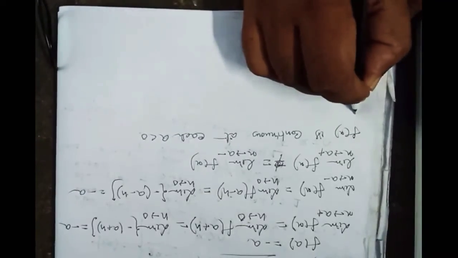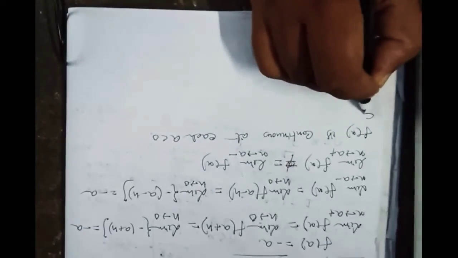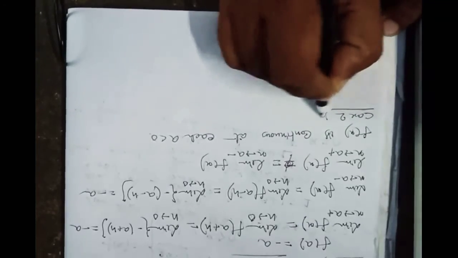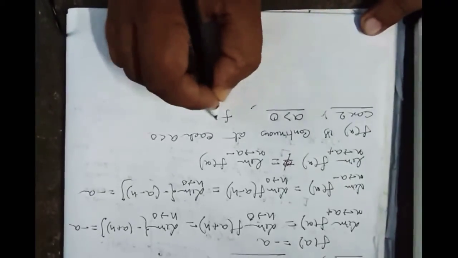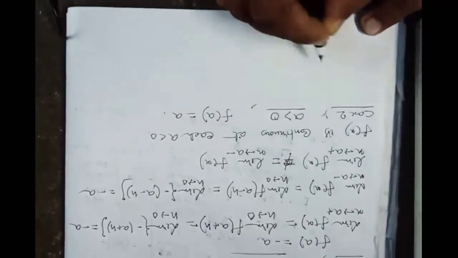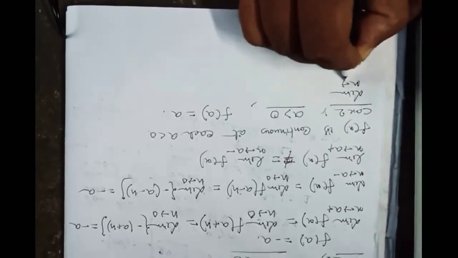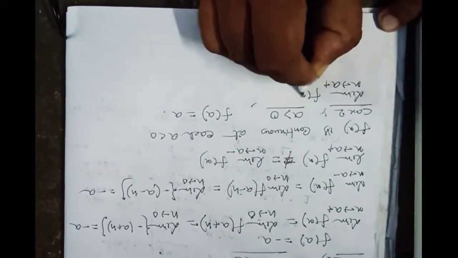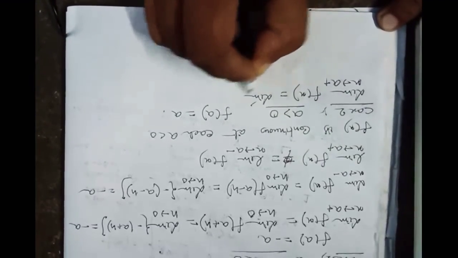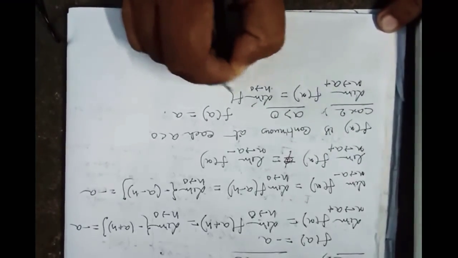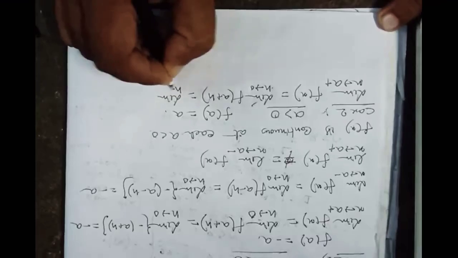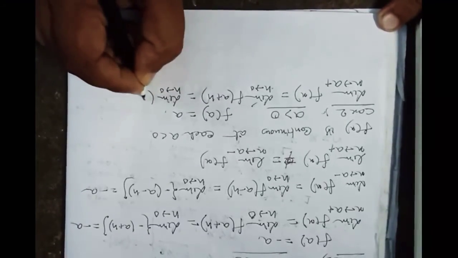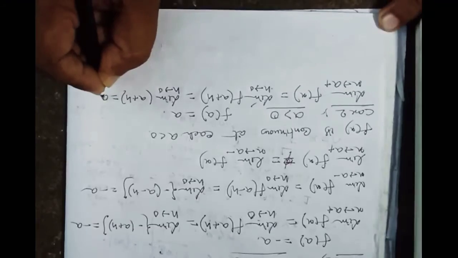Next move to second case, case 2, when a greater than 0. In this case, f of a is equal to a. So limit x tends to a plus f(x) equals limit h tends to 0 f of a plus h, that equals limit h tends to 0 a plus h, that equals a.